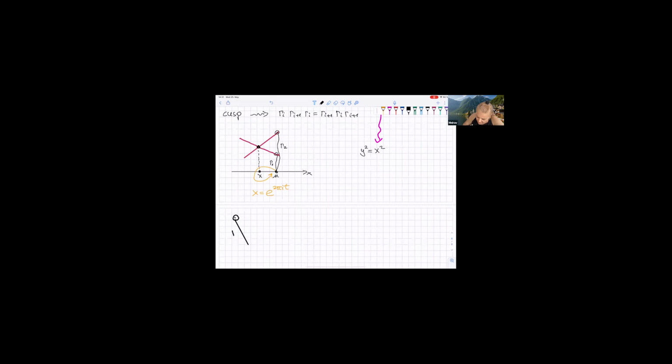So this is gamma 1, and this is gamma 2, and this is the good point M. So what we get actually is a full counterclockwise twist of gamma 1 and gamma 2 around each other. So we can get something like this. This is the new gamma 1 hat, let's say, and this is gamma 2 hat.